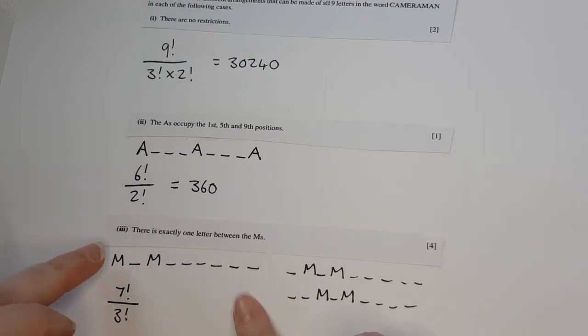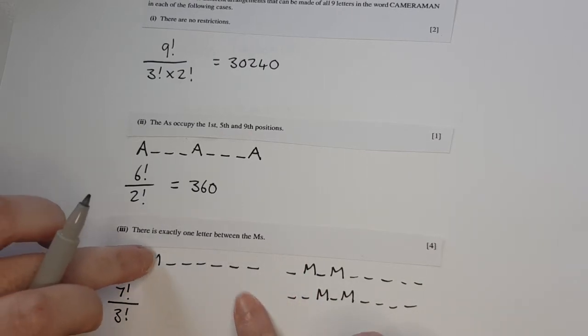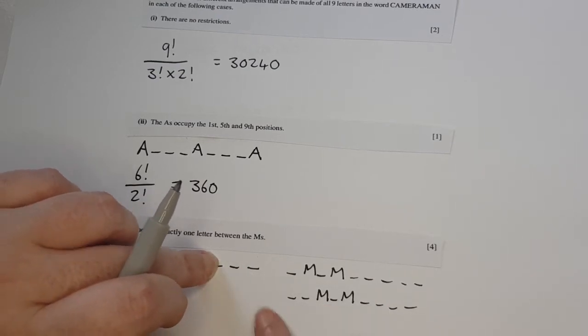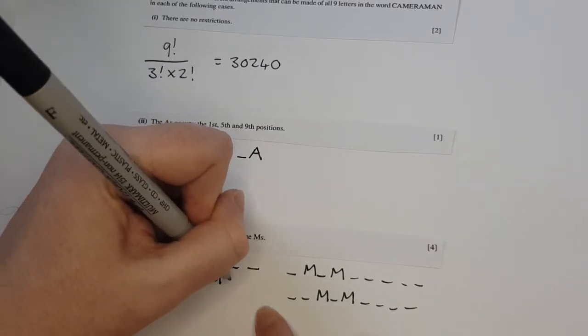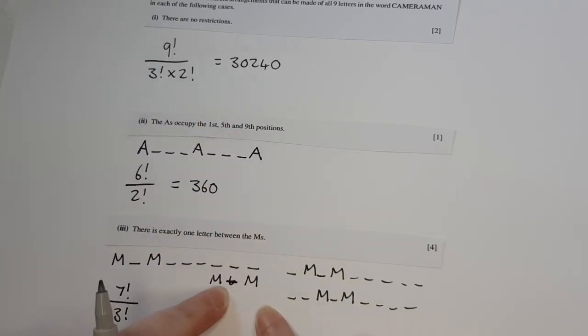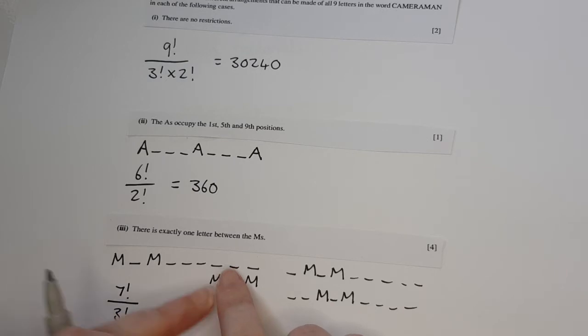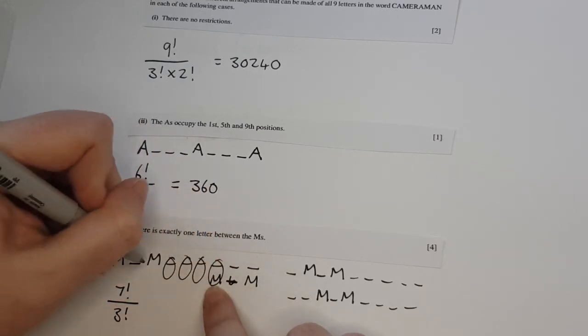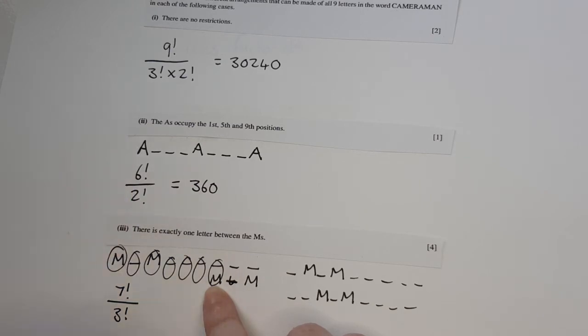When I do that, I find that there's 1, 2, 3, 4, 5, 6, 7 places that there could have been, because the only other place, that's the very last place those M's could be separated by a letter. So that is the 1, 2, 3, 4, 5, 6, 7 places for all the M's to be.